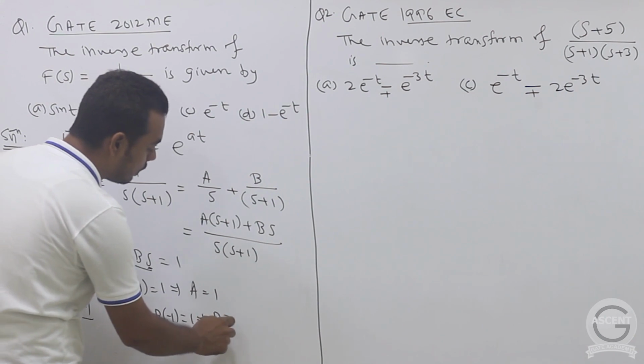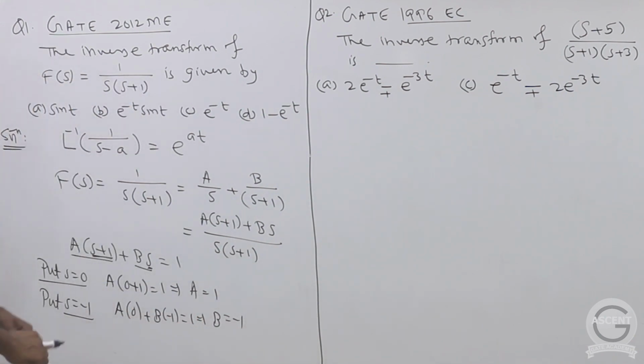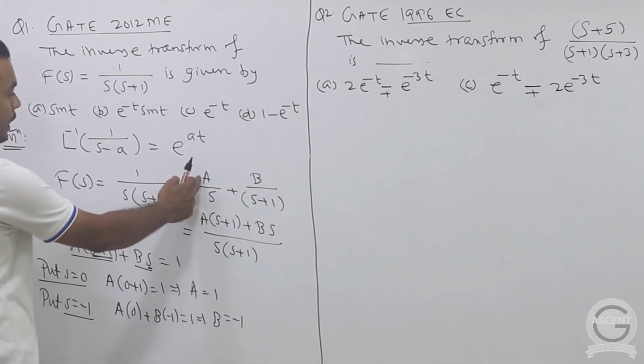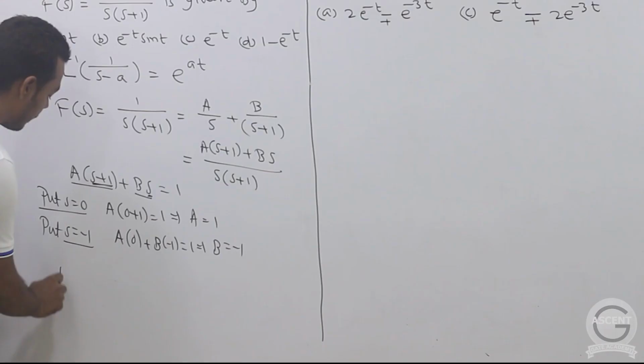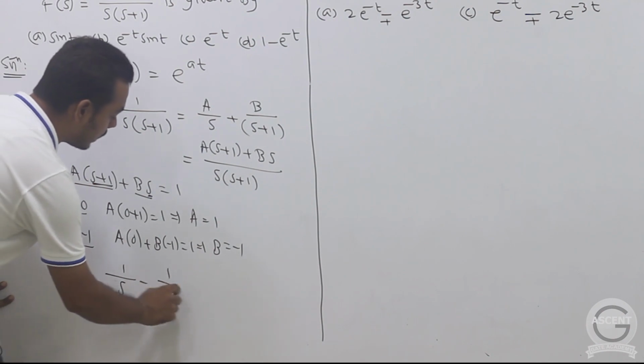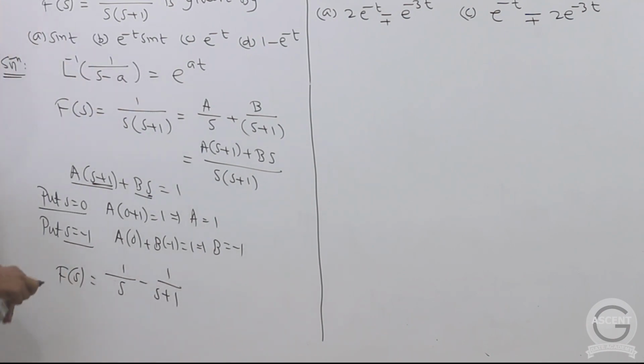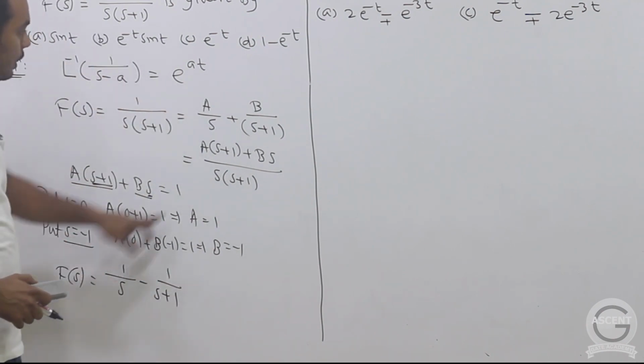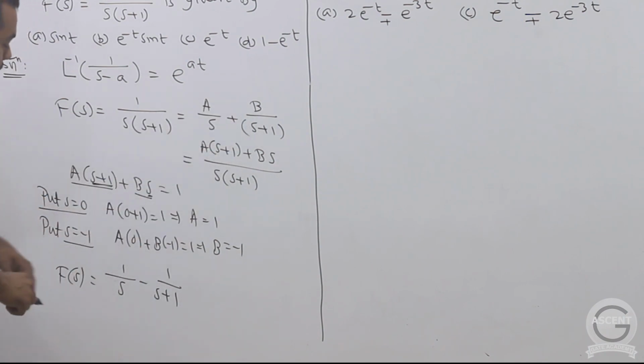So this means value of b will be minus 1. So now your F(s) will be, in place of a you have 1, b is minus 1. So F(s) will be 1 by s minus 1 by (s plus 1). Okay, in place of a I am writing 1, in place of b I am writing minus 1.